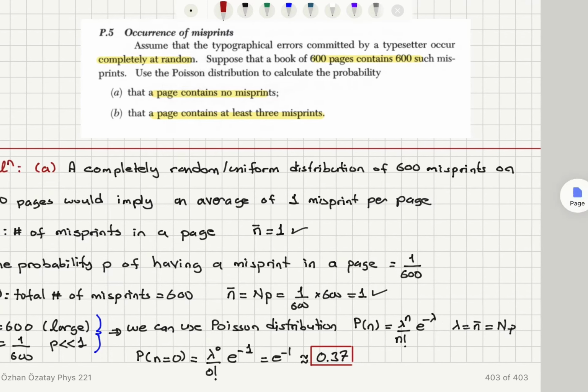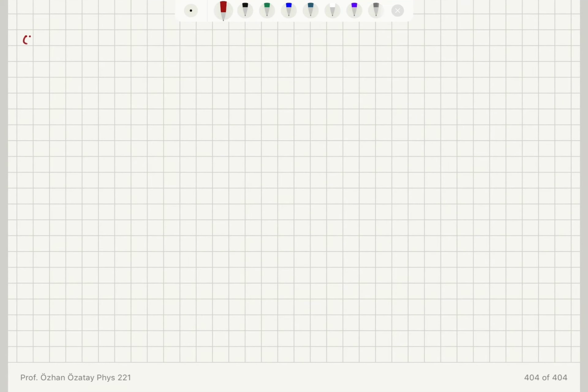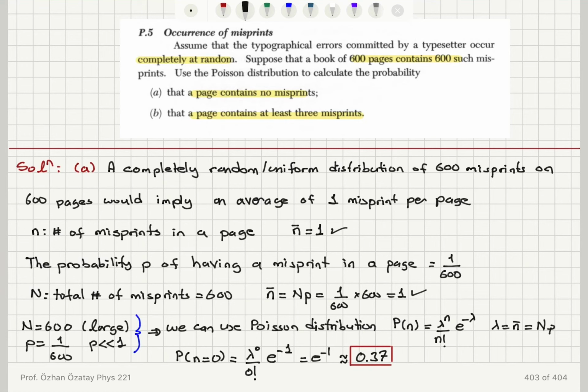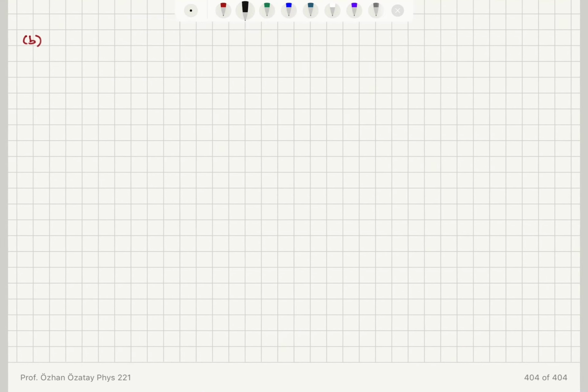And let's consider part B now. In part B, we're asked to calculate the probability that a page contains at least 3 misprints. If I consider the cases n equal to 0, that a page contains no misprints, or n equal to 1, one misprint, or n equal to 2, two misprints, these would not fall into the category of having at least 3 misprints.